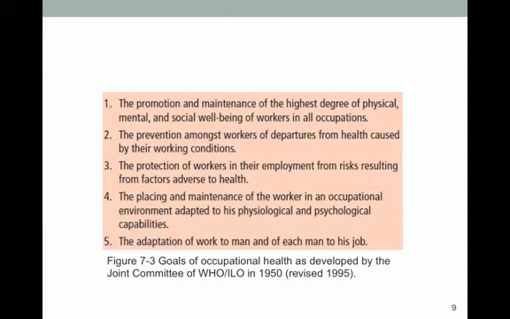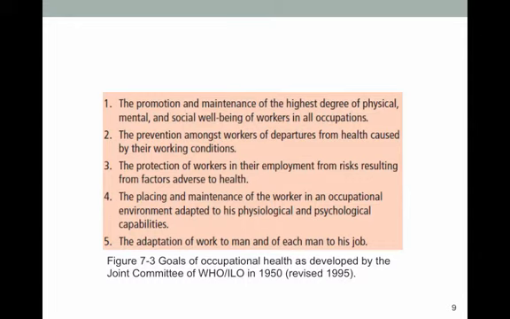The goals of occupational health were developed by the Joint Committee of the World Health Organization and the International Labor Organization in 1950, and this is what they came up with. This is table 7.3 in your book. The promotion and maintenance of the highest degree of physical, mental, and social well-being of workers in all occupations. The prevention amongst workers of departures from health caused by their working conditions.